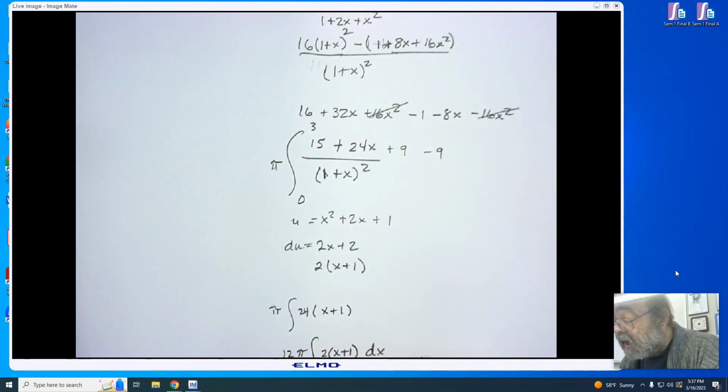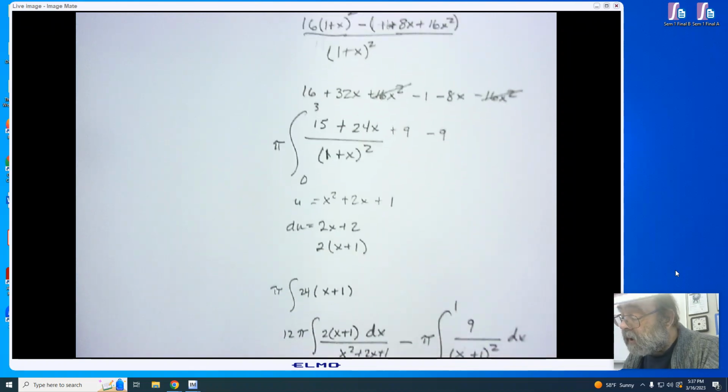Now keep in mind, we still have that minus, and we have a pi, and we have 9 over x plus 1, the quantity squared, integrated 0 to 1 dx.